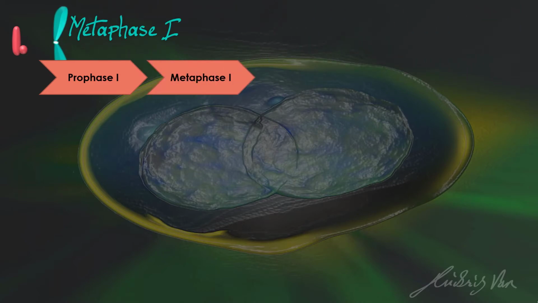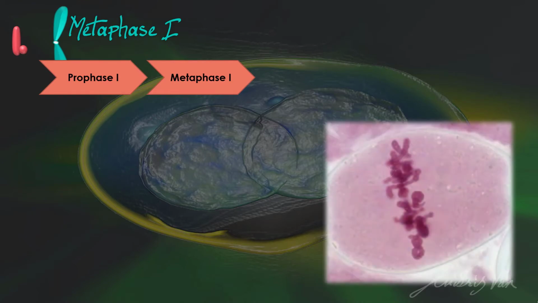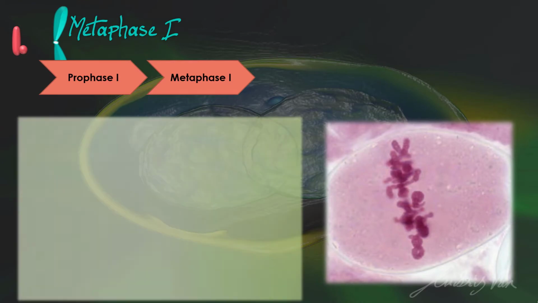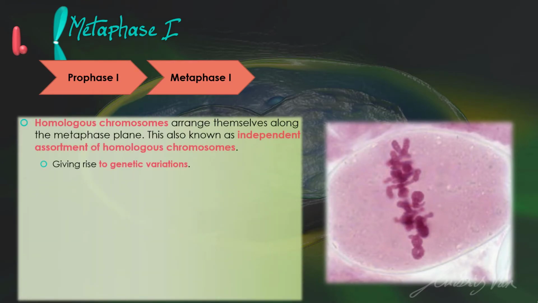After prophase 1 is metaphase 1. Similar to metaphase of mitosis, you need to be able to identify that the genetic material is in the middle. But unlike mitosis, whereby the sister chromatids align themselves, during metaphase 1 of meiosis, the homologous chromosomes arrange themselves in the middle.